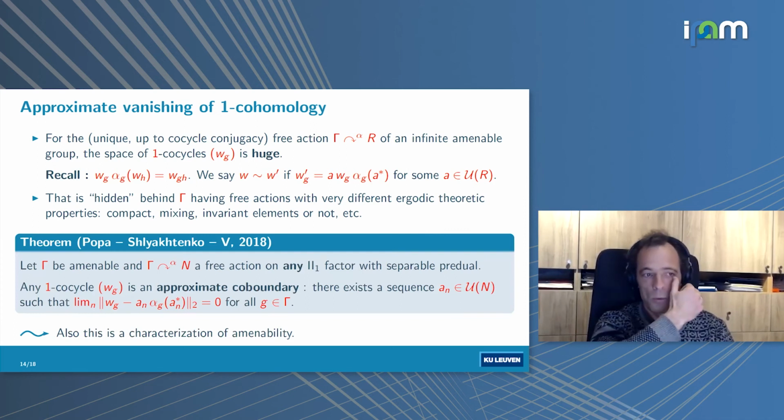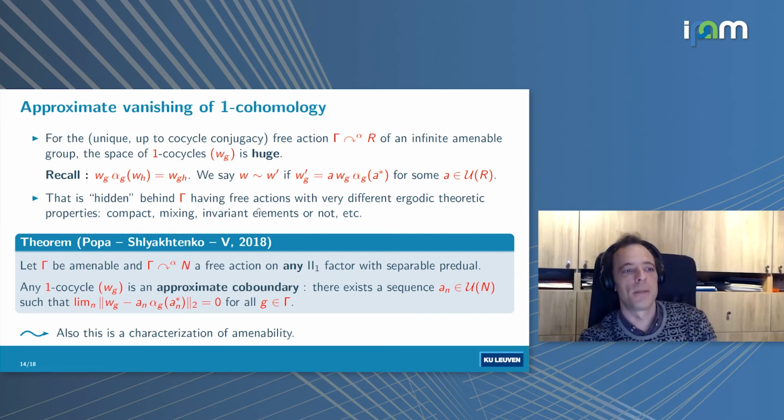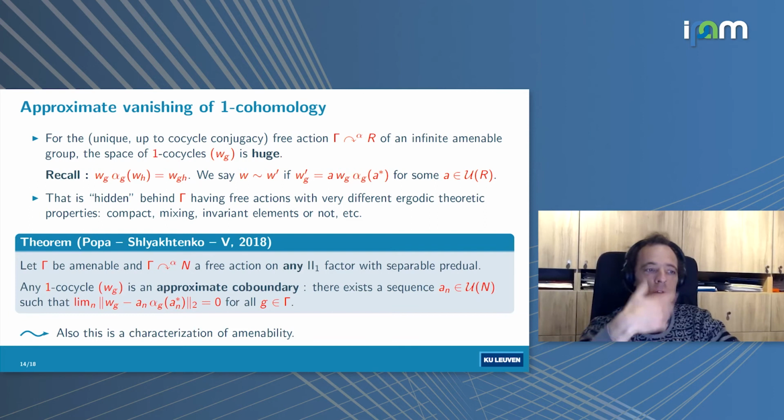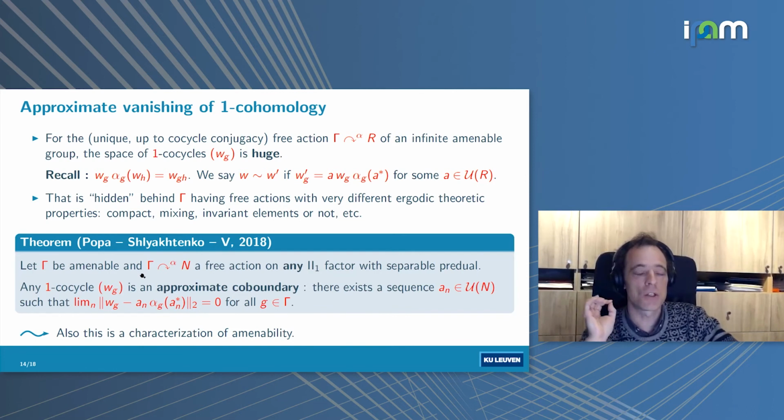Nevertheless, what we proved also two years ago is that although there is typically a huge supply of one-cocycles, nevertheless, they are always approximately inner. They are approximately coboundaries. Now, for actions on the hyperfinite II_1 factor, of course, this is again Ocneanu. What we proved is that this actually holds for free actions on any II_1 factor with separable predual.